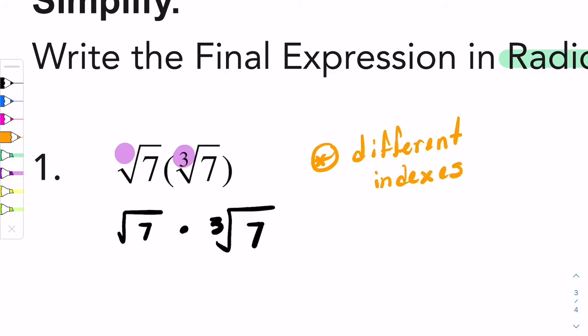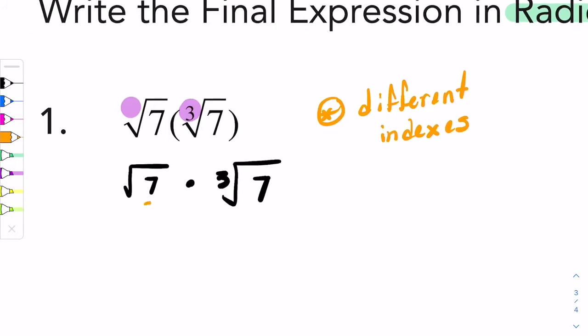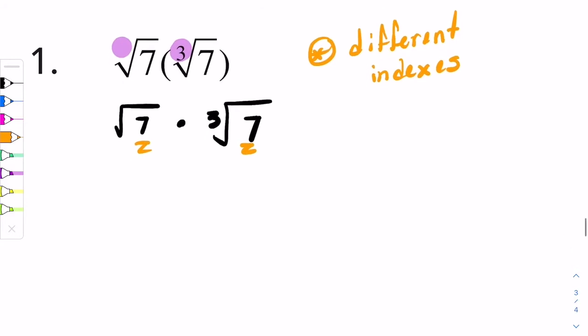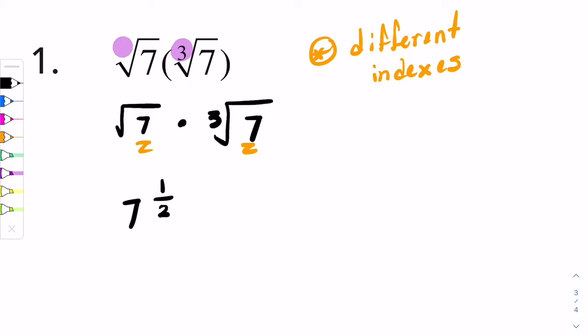If we have different indexes, then radicals don't help us, but I do recognize that we will have the same base if we convert to exponential form. So that's the approach that I'm going to take. I'm going to change this to 7 raised to the power of 1/2 multiplied by 7 raised to the power of 1/3.